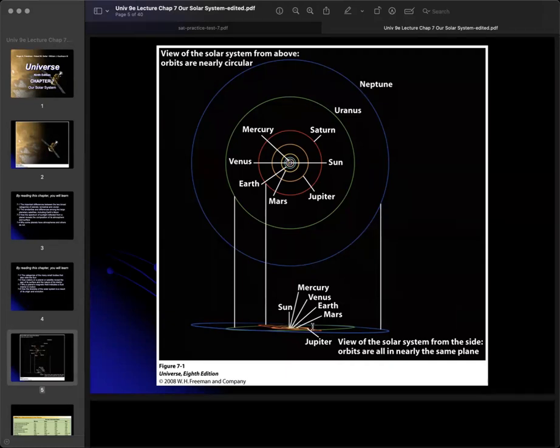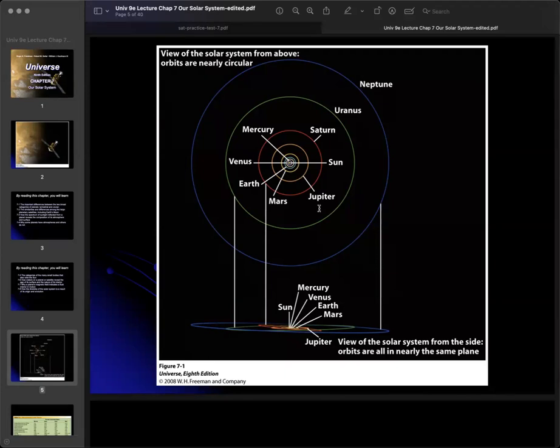As you can see, Mercury, Venus, Earth, Mars are all located within this very small circle, which is the orbit of Mars. And then the outer planets are located at much larger distances. That's why they are called outer planets.